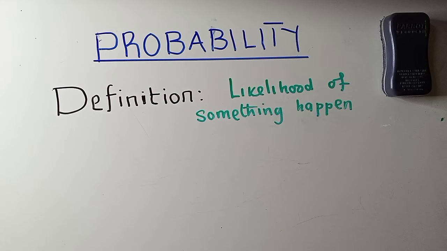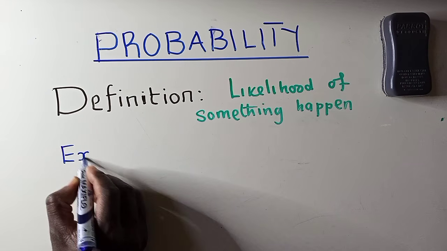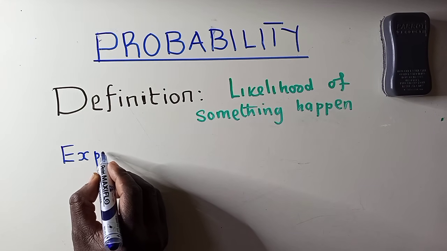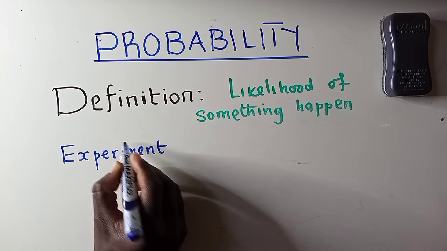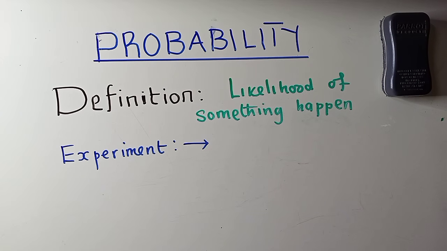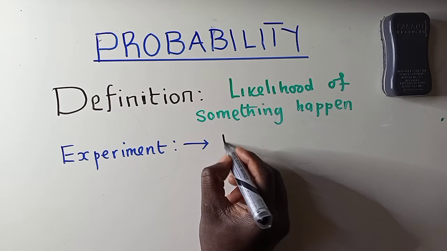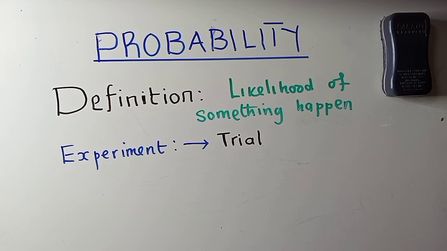So now, let's say you want to find out something, or to carry out an experiment. We call that an experiment. Whatever you want to find out, it's an experiment. The thing that you'd like to experiment, we call it a trial.